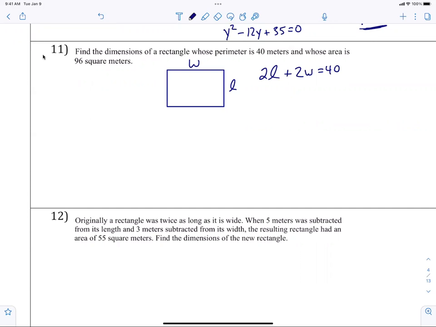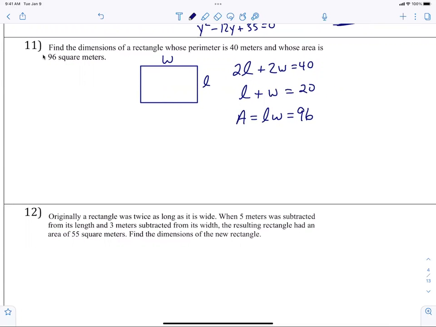And if you remember, I told you, what can I do to the 2's here? Divide. So length plus width is equal to what, guys? 20. Now it says the area is what? So area equals, how do I find the area? Length times width. And the area is 96, guys, come on.